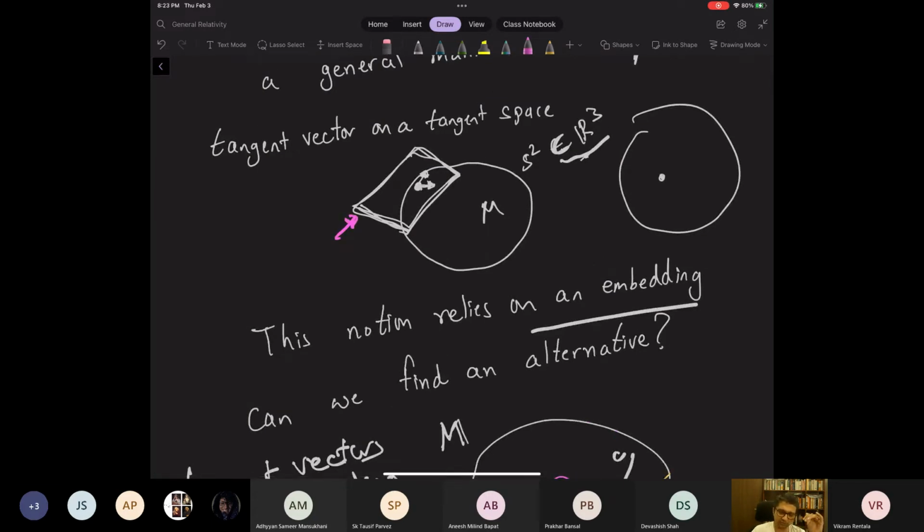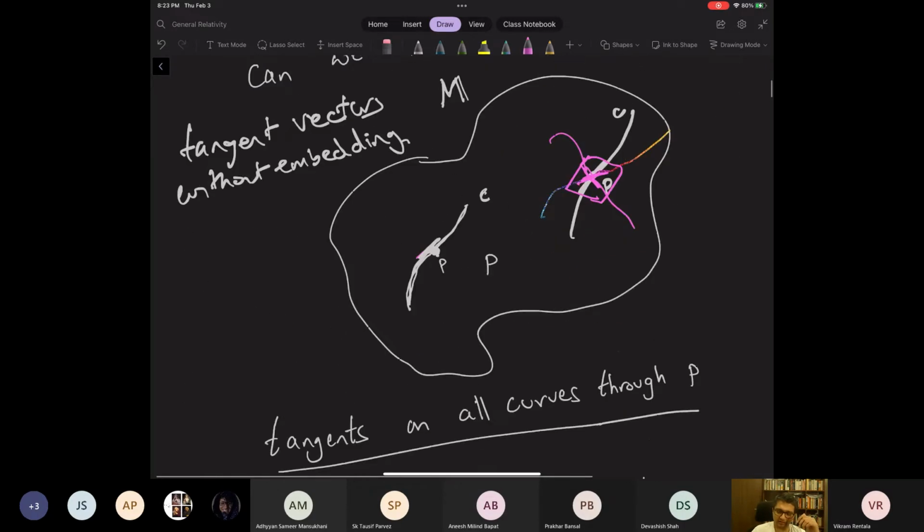But that tangent plane was arising from the embedding of this sphere in R3. The curves themselves are defined on the manifold, so they don't rely on an embedding. And we'll see that there's a notion of talking about the tangent of the curve at each point in such a way that it doesn't rely on an embedding.